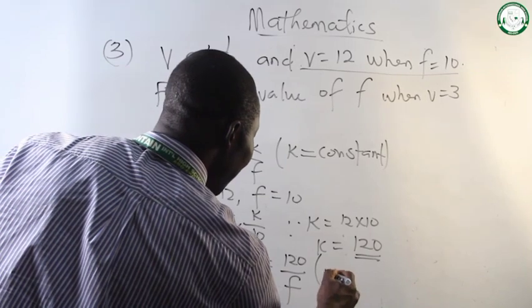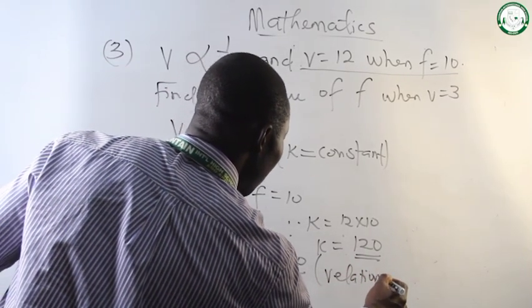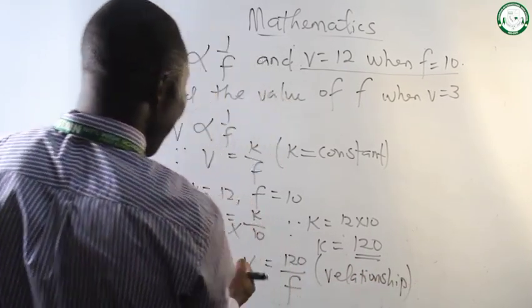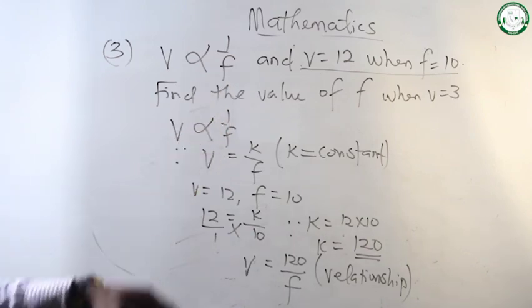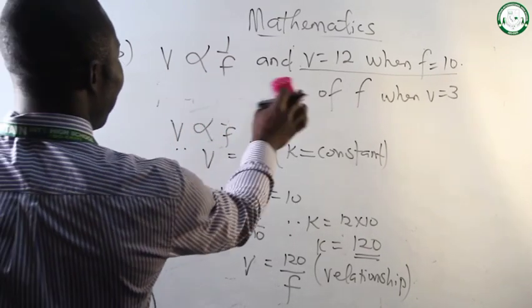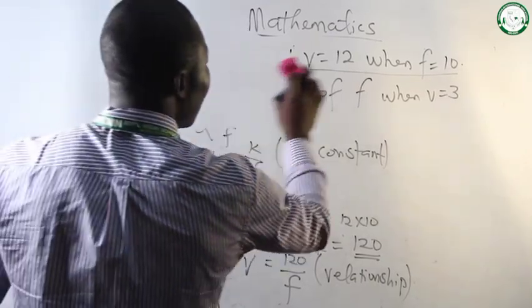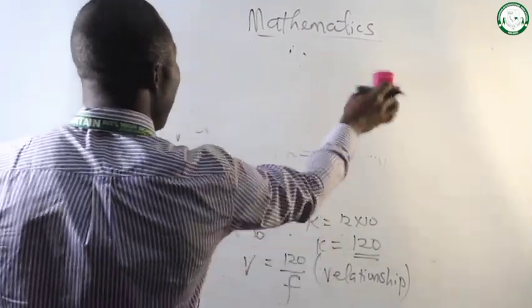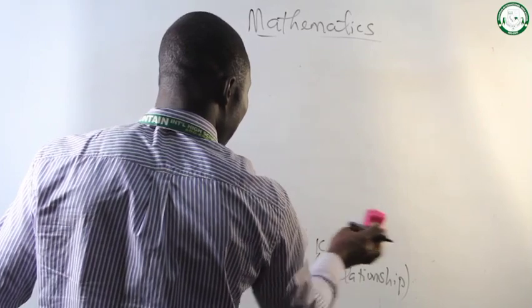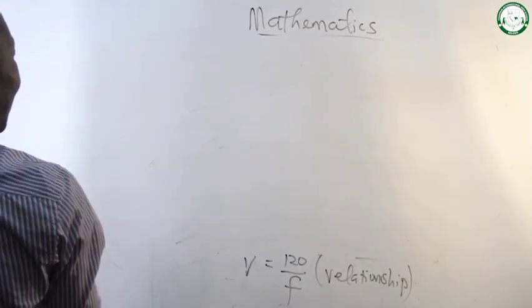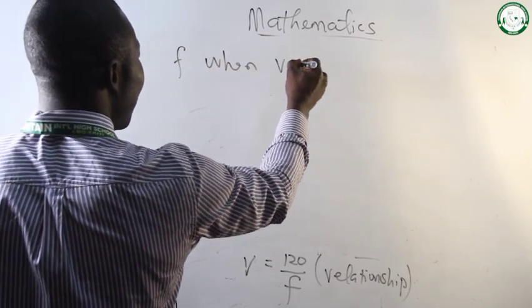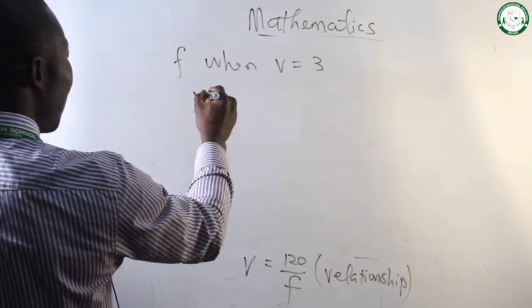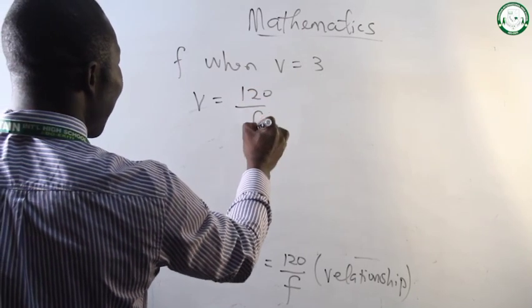This is the relationship between v and f. What we are asked to look for is the value of f when v equals 3. Don't forget, our equation says v equals 120 over f.